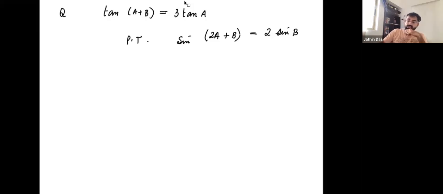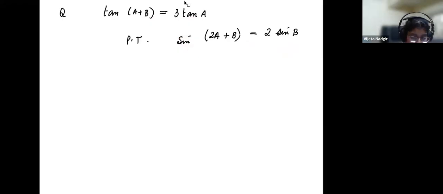If you do it from here to here, I don't know, you can do it, but it will be a little tedious. So I would prefer in this question that you take this condition and prove this. Means the same. Okay, try.